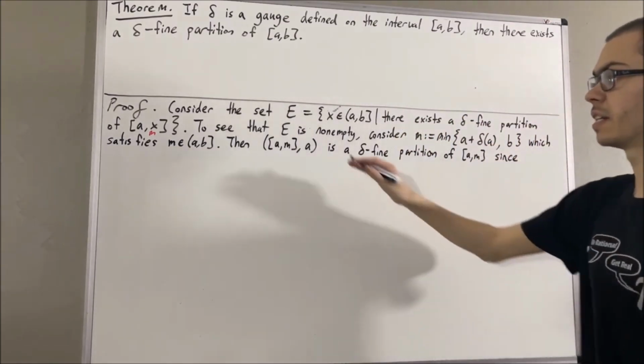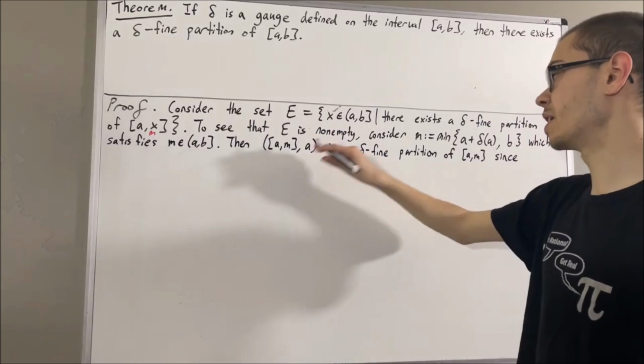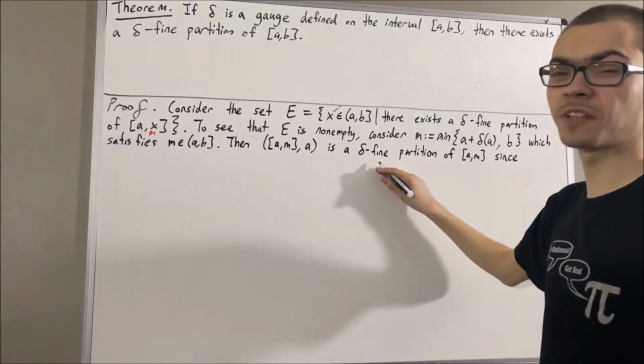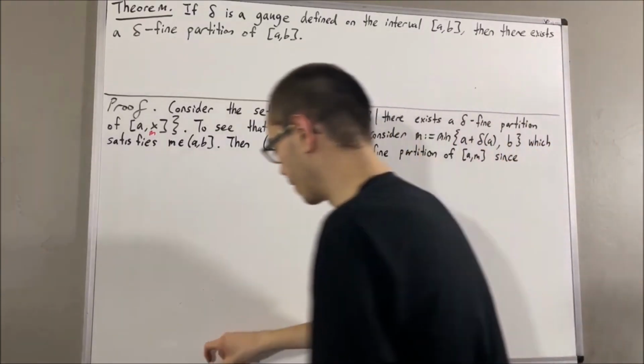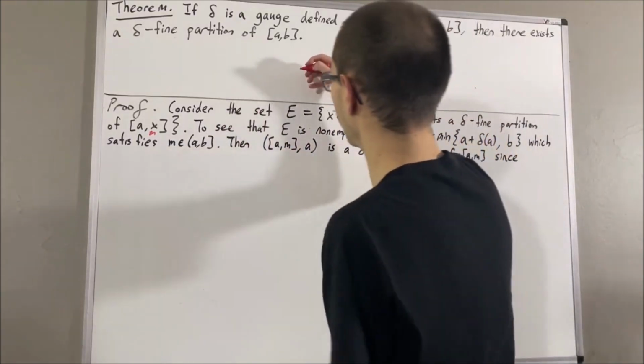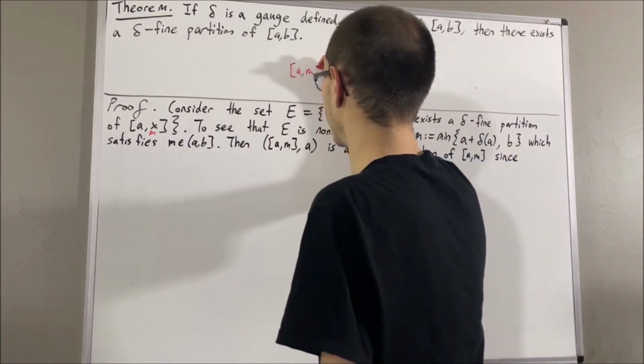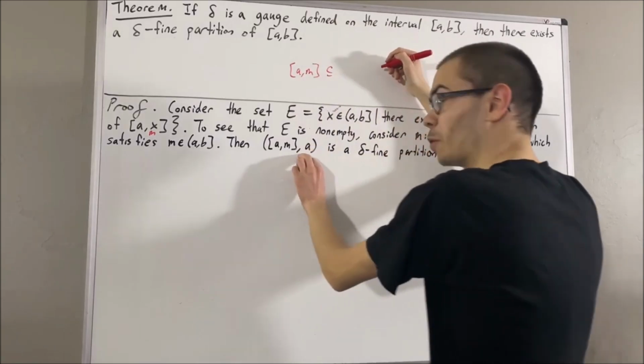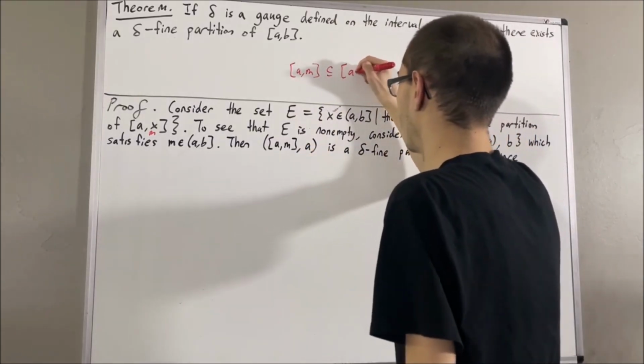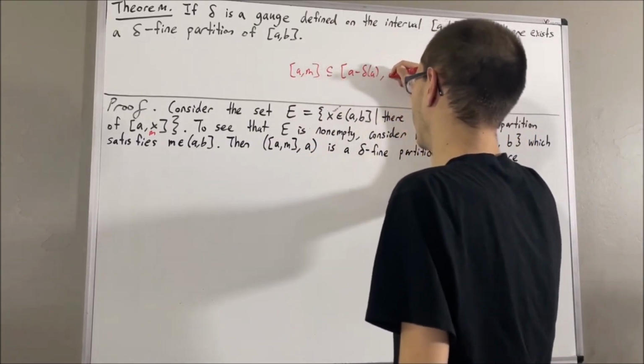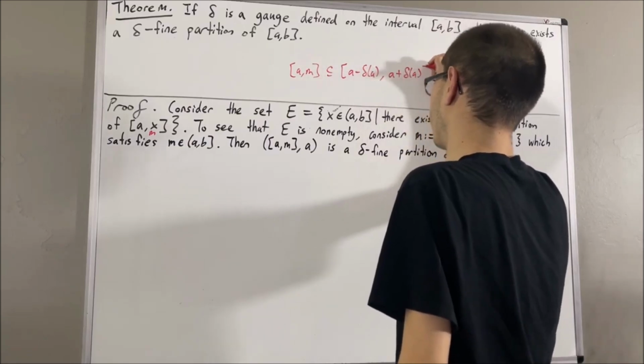To verify that this partition is delta-fine, all we have to do is verify that the interval a comma m is a subset of that interval centered at a, which is a minus delta of a comma a plus delta of a.